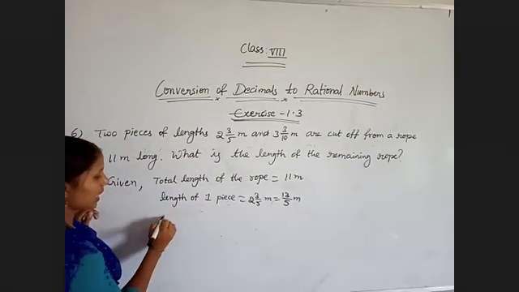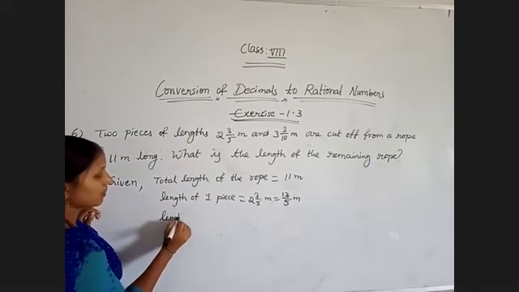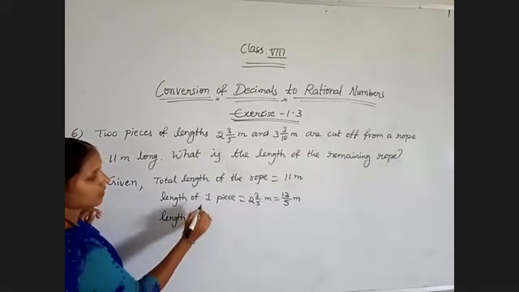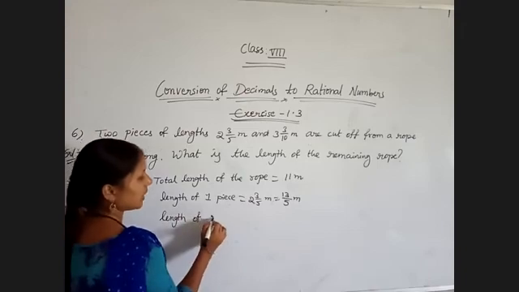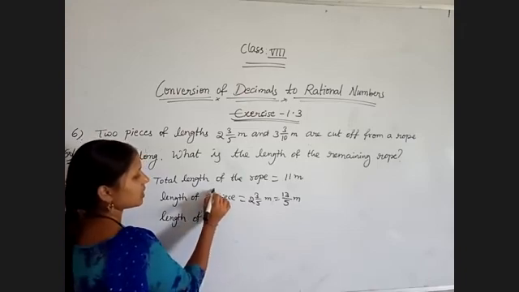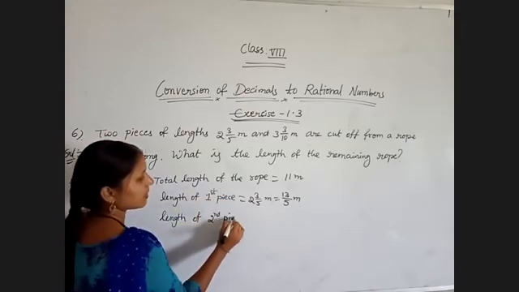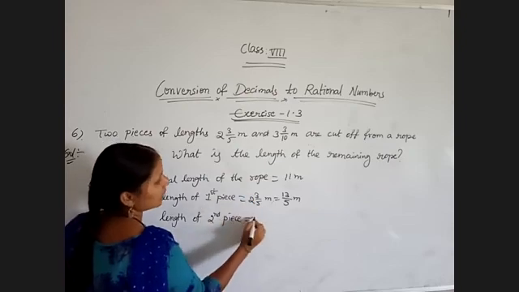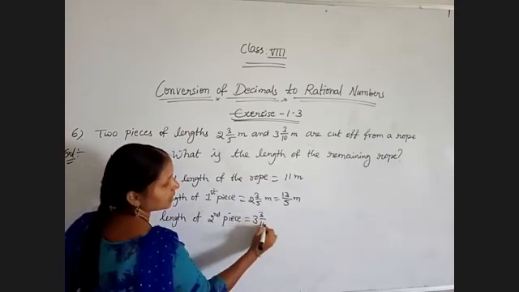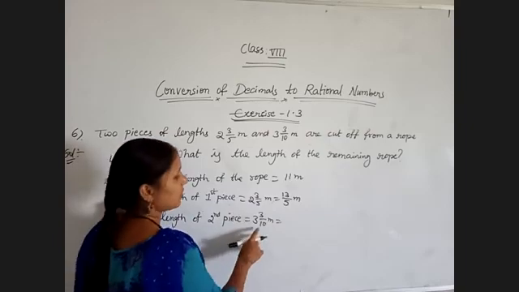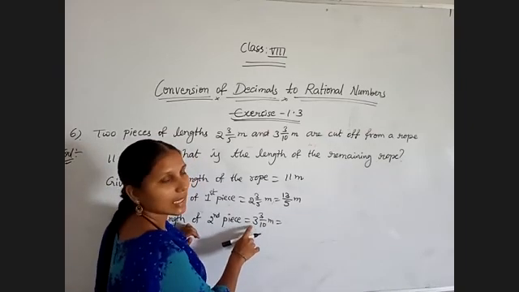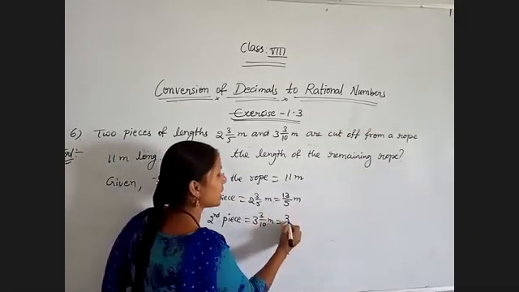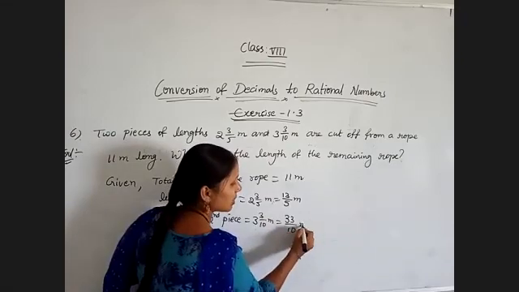Now the length of the other piece, the second piece, is 3 by 10 meters. That is equal to 10 3s are 30, 30 plus 3 is 33 by 10 meters.